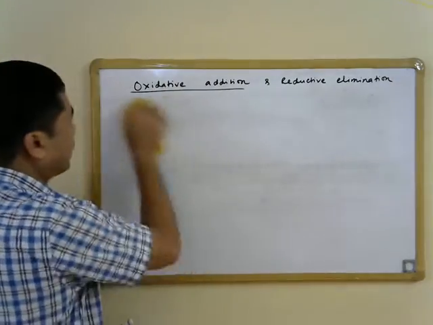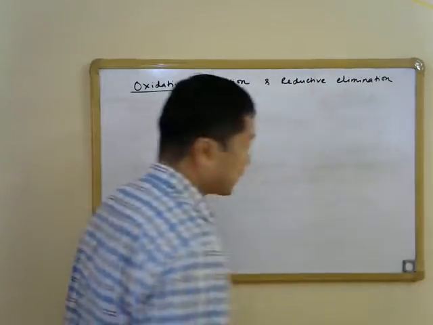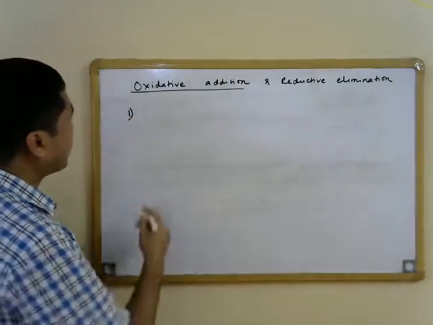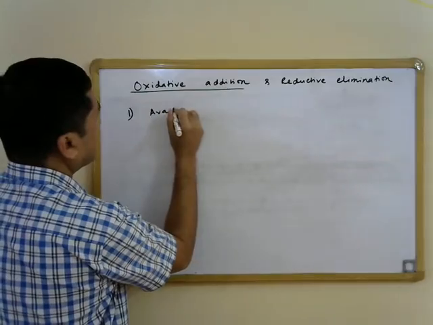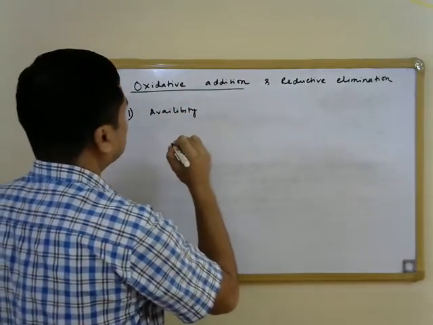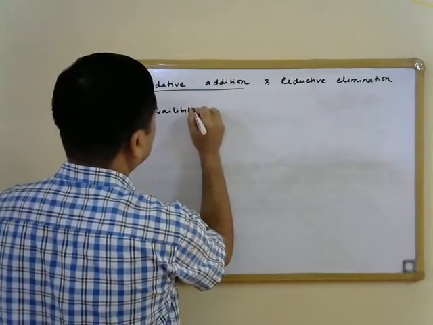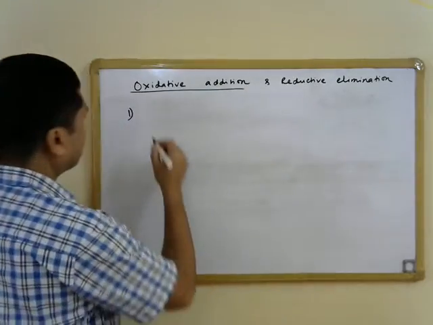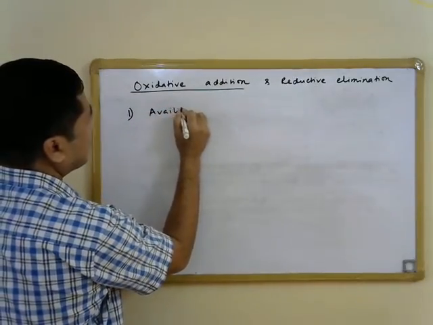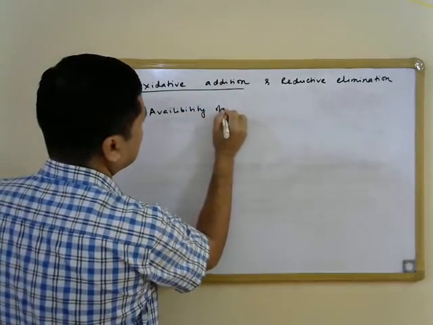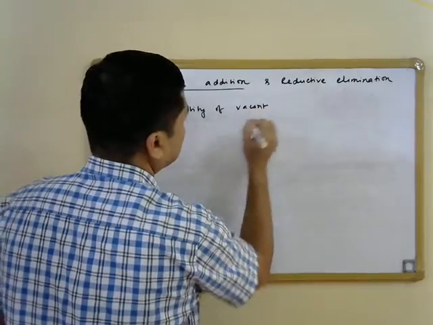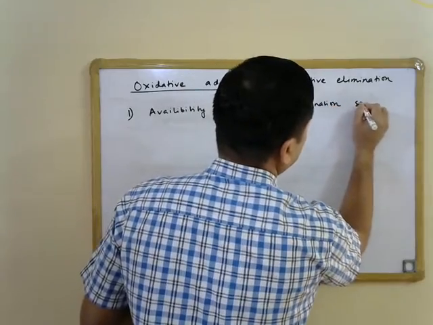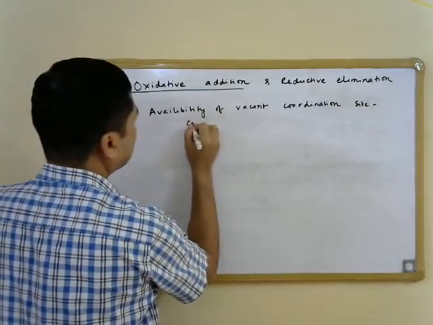So the first condition that must be met for oxidative addition reaction to take place is that the precursor complex must have vacant coordination sites, or coordination unsaturation must be present.